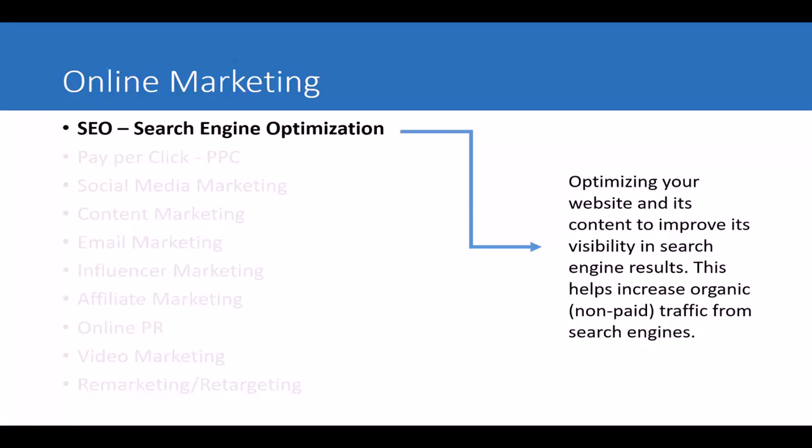Now we've talked about search engine optimization, and I know by now you should have some understanding of what it means. It's simply optimizing your website and its content to improve visibility in search engine results. Don't forget that Google is the biggest search engine out there, and Google is one of the biggest sources of traffic for most websites.